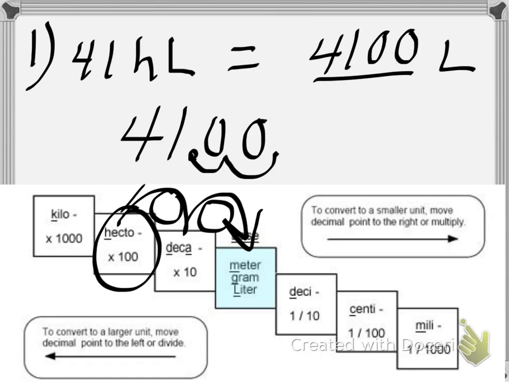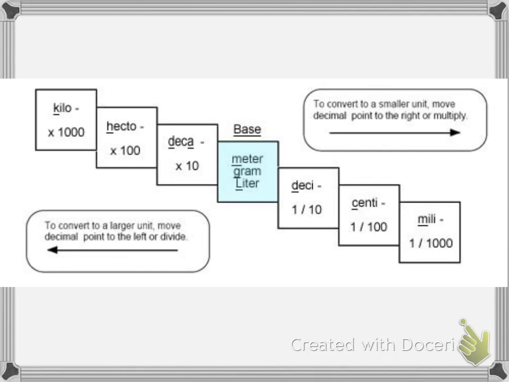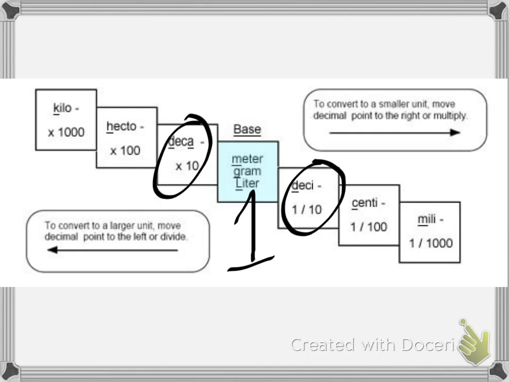The students should be able to come up with this chart. We're, of course, always going to have the base in the middle, and the base is always just one whole one. So meter for length, gram for mass or weight, and liter for capacity. Then we have deca and deci, both meaning 10.